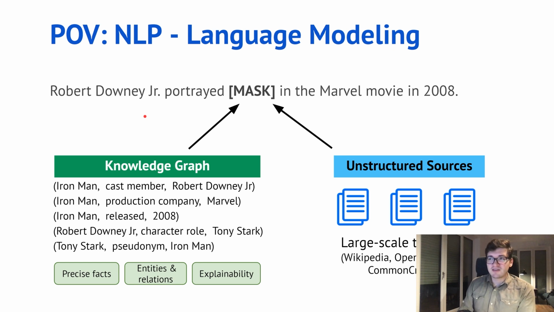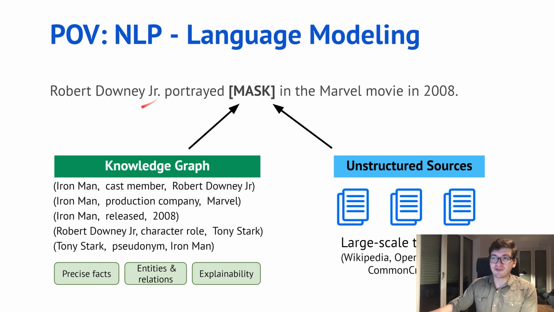One interesting thing that the NLP community takes from KGs is especially in language modeling, when your favorite enormously large transformer architecture can also benefit from KGs, especially in the masking task and the masked language model. In addition to unstructured sources, you can use knowledge graphs with particular, precise facts.